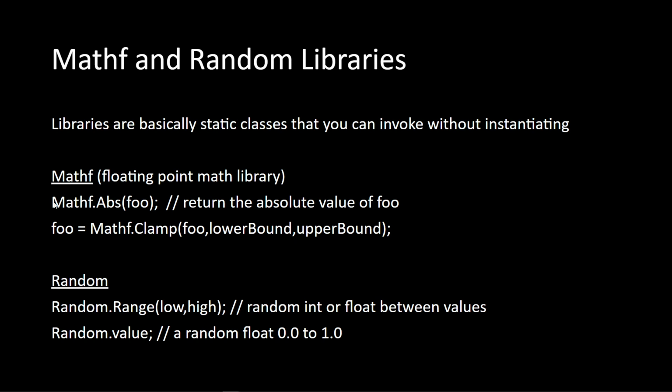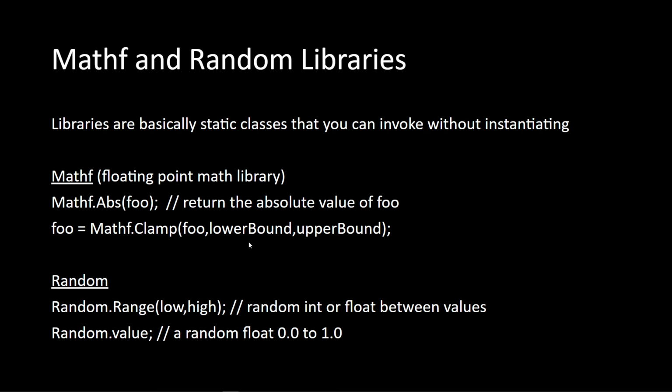If we declare this method to be static and public, then it becomes something that we can refer to. There's nothing unique to a particular instance, and we never put a math class, a math component, on an object. Instead, we just refer to it by the name of the library.